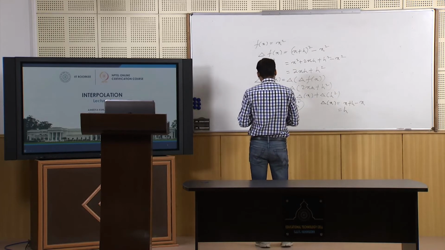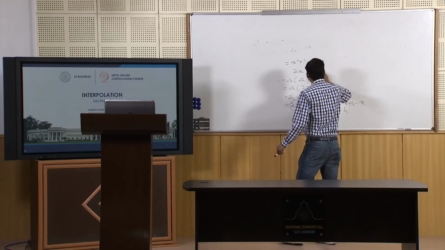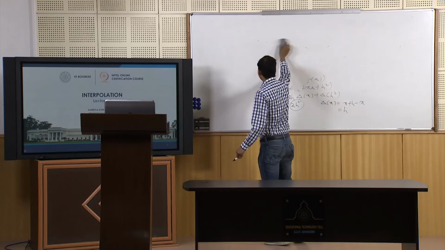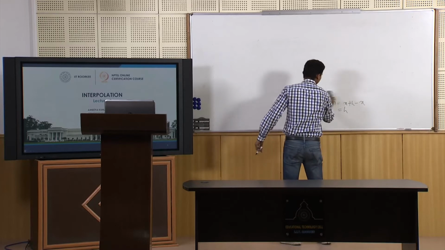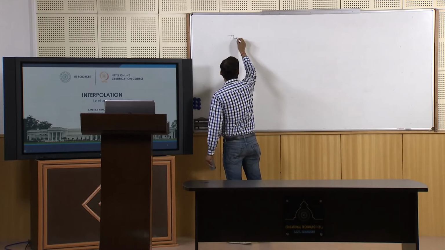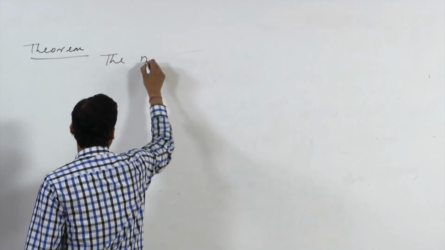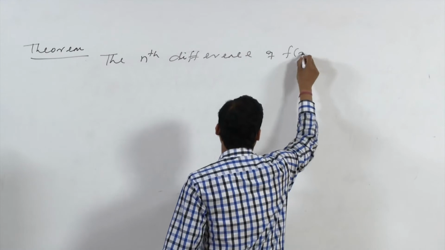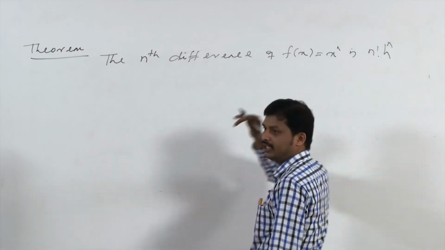In a generalized form, if we want to express this operator, there is a theorem for this, and the theorem states that the nth difference of f of x equals x to the power n is n factorial h to the power n here.